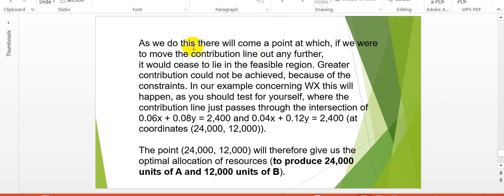So as we do so, there will come a point at which, if we are to move the contribution line out any further, it would cease to lie on the feasible region. Greater contribution cannot be achieved because of the constraints.